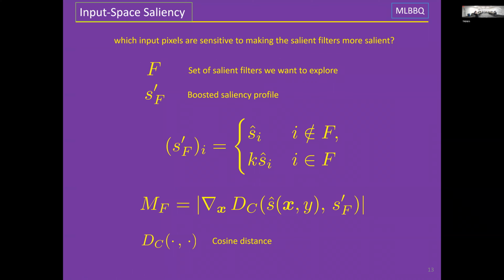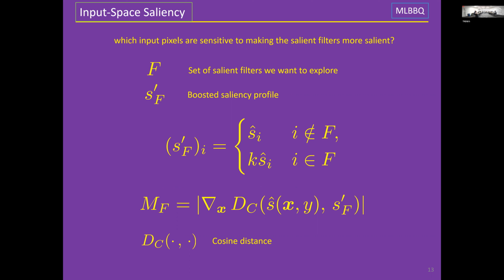Okay, so input space saliency. How can we identify those pixels in the input space which are responsible for these malfunctioning parameters? What they did is, first of all, they decided which salient filters they want to explore.